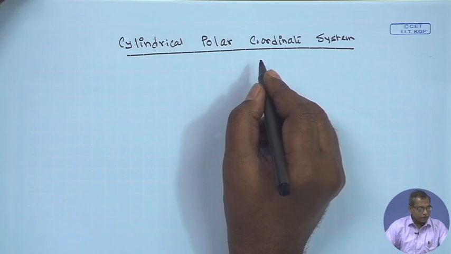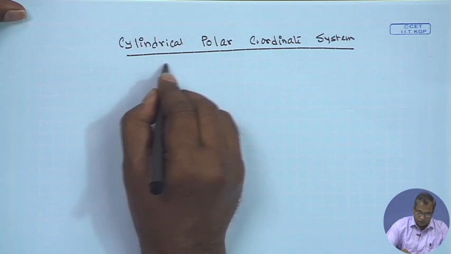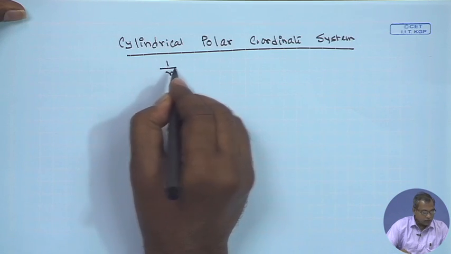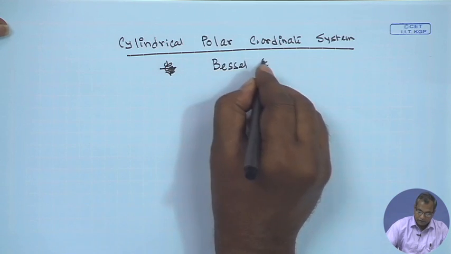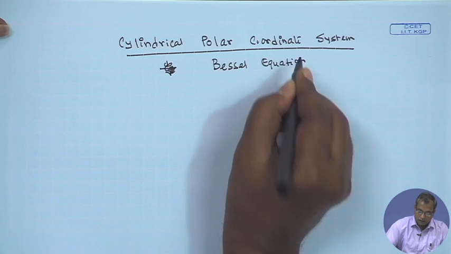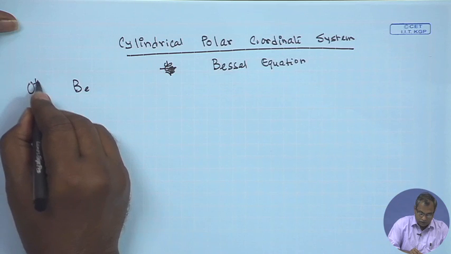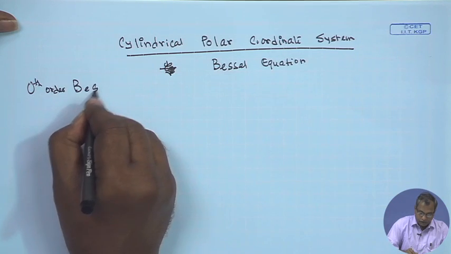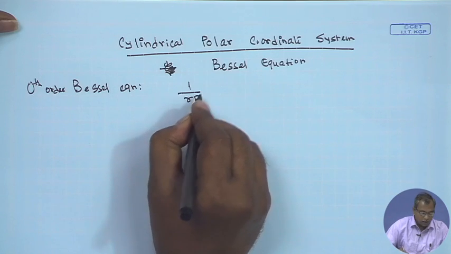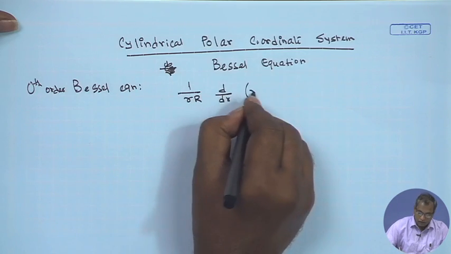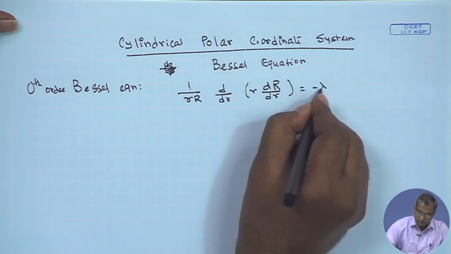The typical operator that one will be looking into is 1 over r. As we have discussed, we will be encountering the Bessel equation in case of the cylindrical coordinate system, and typically the 0th order Bessel equation will be in the form of 1 over r d dr of r dy dr is equal to minus lambda square y.